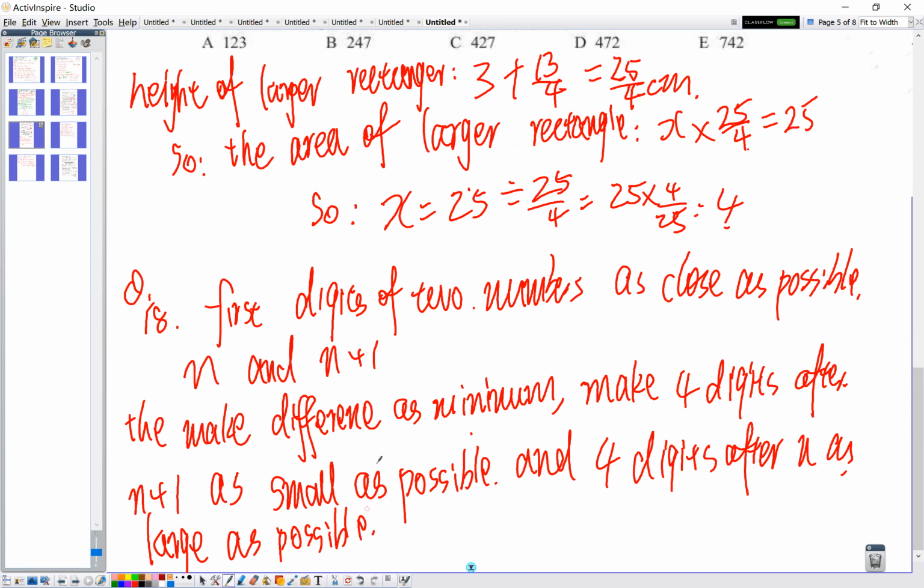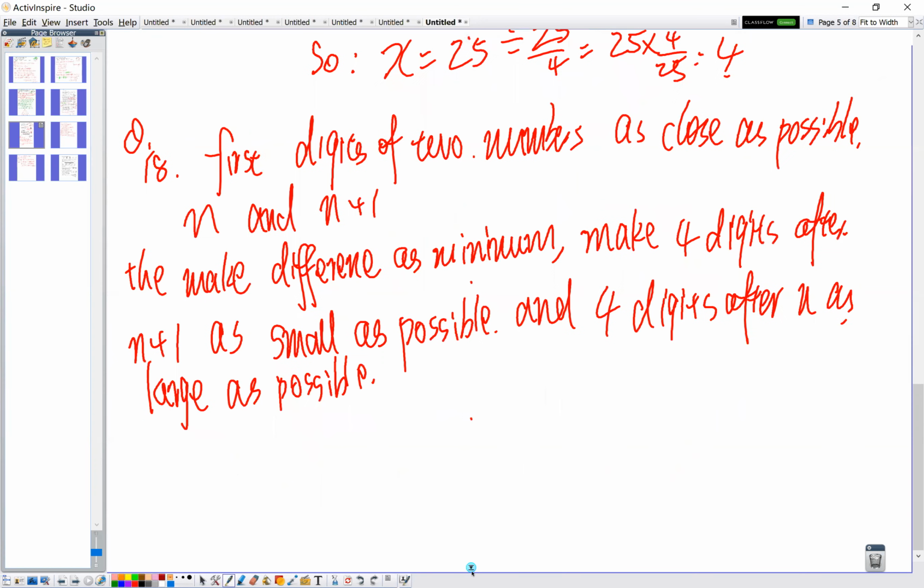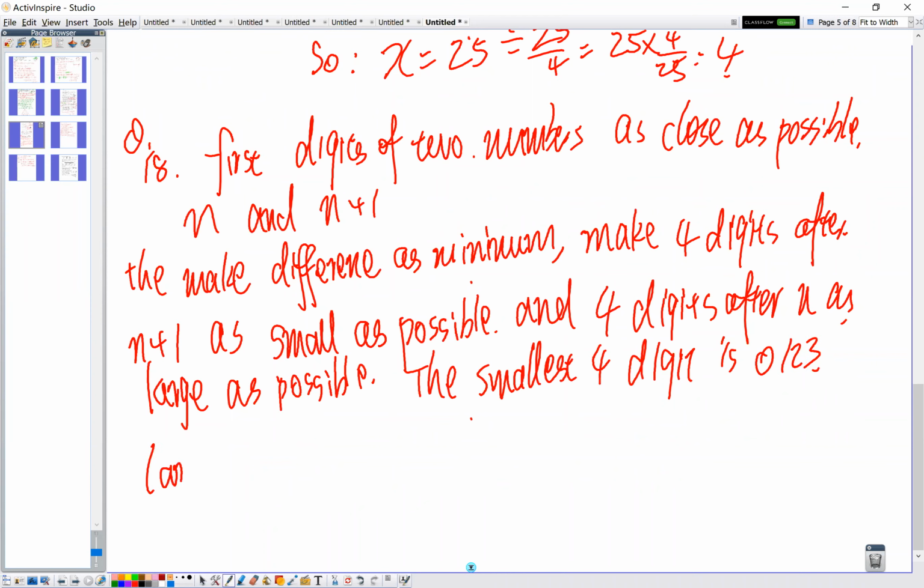So for that reason, you can see the smallest 4-digit number is how much? Use the numbers the question gives to you. It is 0123, and the largest is 9876. So we just need to make a equal to 4.